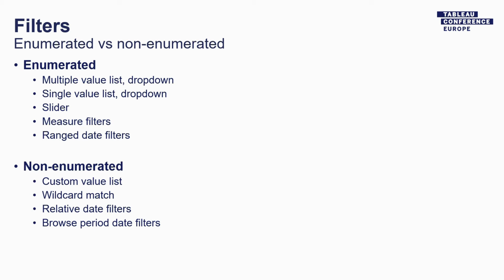We have so-called enumerated and so-called non-enumerated filters. It sounds complex, but it's pretty simple. Enumerated quick filters require Tableau to query the database or data source before we can render the filter. With this example, we want to allow our users to filter to a specific customer name.